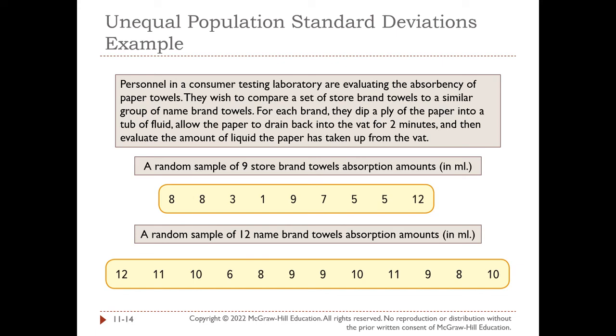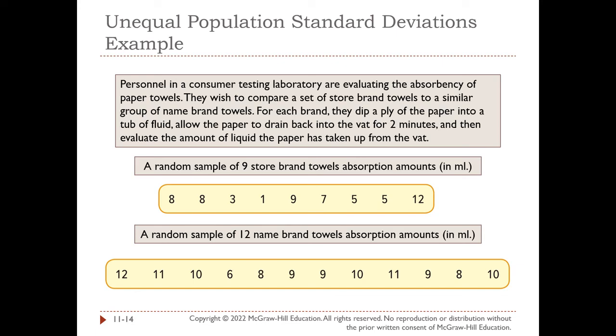Okay, so this is sample 1, the same thing that we see on the commercials where they always show the absorption of 2 brands. A random sample of 9 store brand towels absorbs amounts as so, and a random sample of 12 name brand towels absorptions as so.